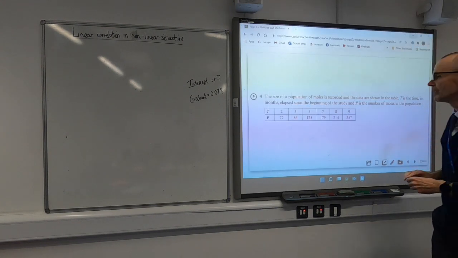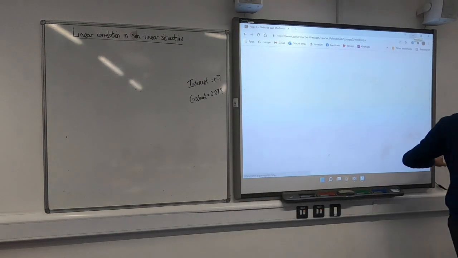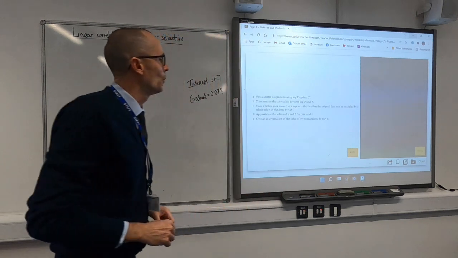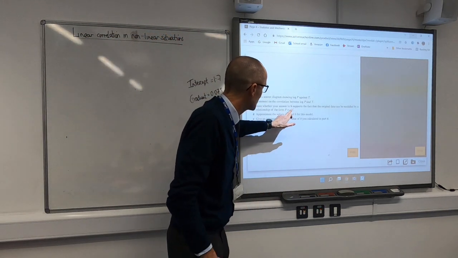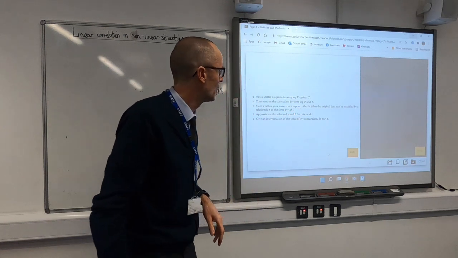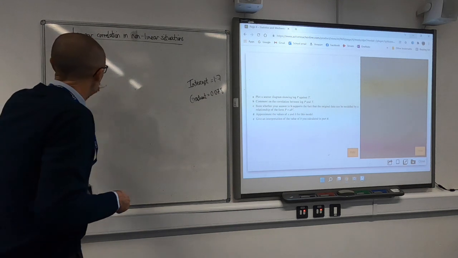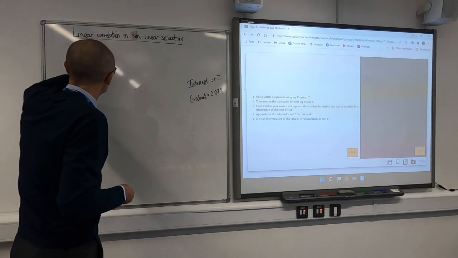If I go back to the original question and flip over the page, we find, as is often the case, they're telling us the relationship. They are suggesting that it is an exponential relationship, and often that's hidden later in the question.